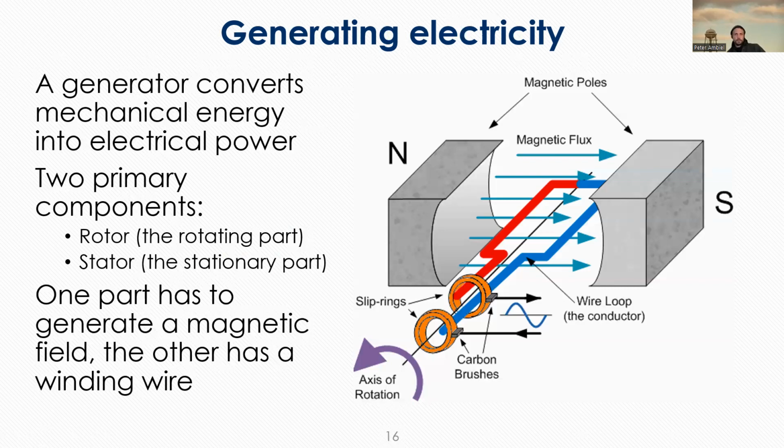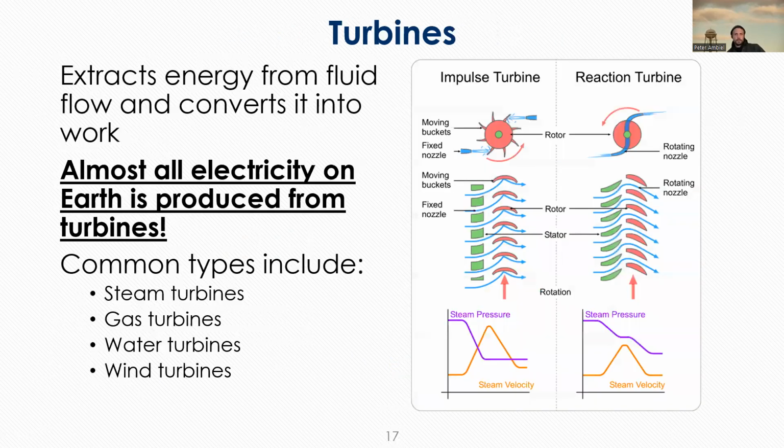The type of generators that we typically use to extract that mechanical energy are known as turbines, which are the thing that will spin the coil or the magnets in a generator.